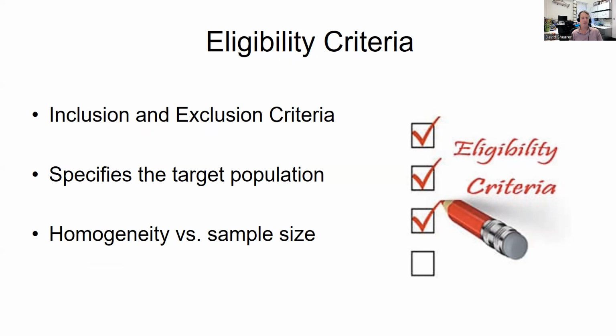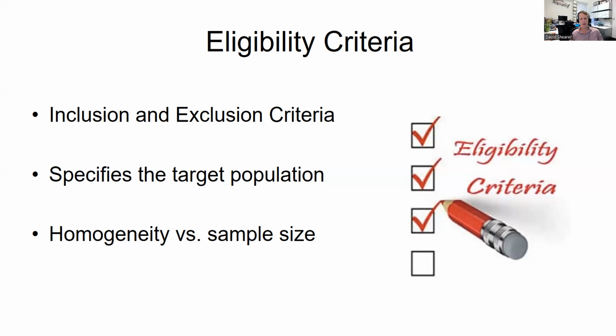So it's sort of a checklist, but it really specifies who the target population in the study will be. And I think a lot of times there's a temptation to really try to add lots and lots of these inclusion and exclusion criteria to create this really homogeneous population, which from an experimental perspective is a good thing to have, a lot of homogeneity. But it has some downsides as well.